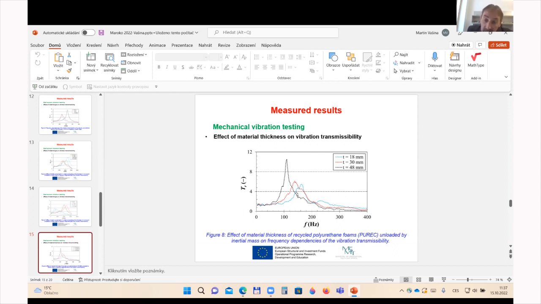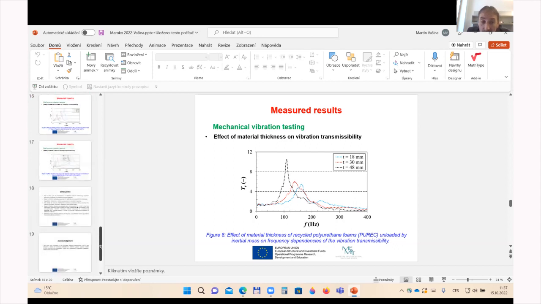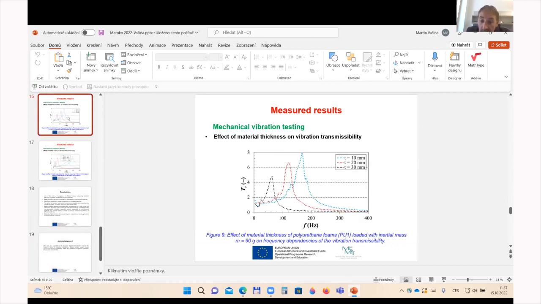For this reason, the material thickness has a positive effect on vibration damping. Similarly, it can be seen here in the case of polyurethane foams. Again, higher thickness has a positive effect on vibration damping.